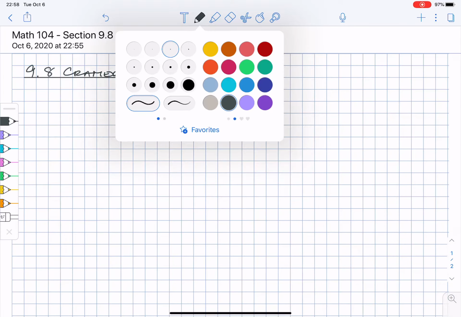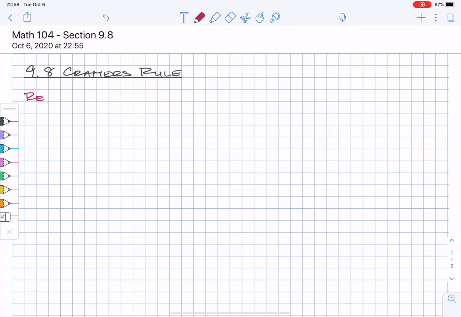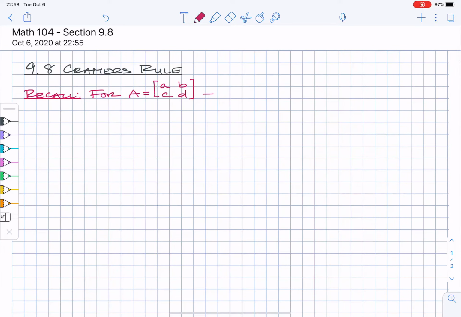Okay, so let's recall that for a 2 by 2 matrix A equals [a b; c d], we have that the determinant of A was the real number found by taking the product of the main diagonal and subtracting the product of the alternate diagonal, right? So this leads us to Cramer's rule.